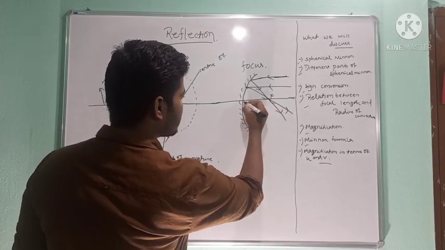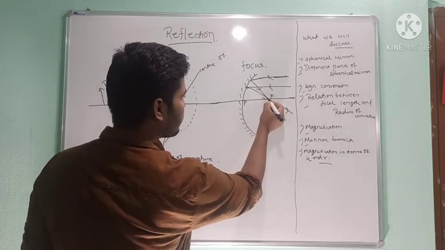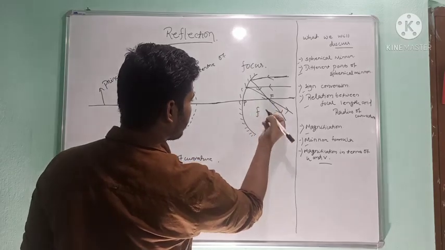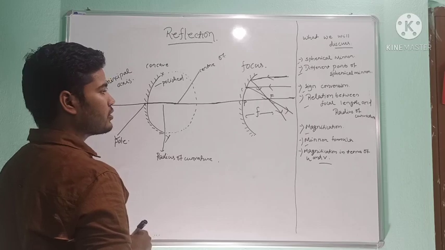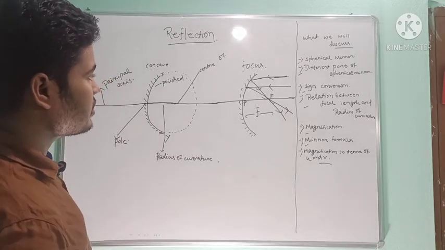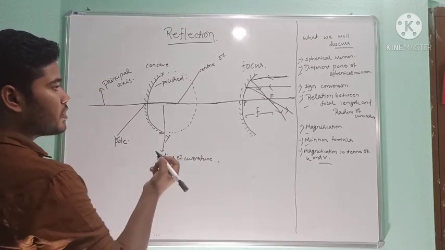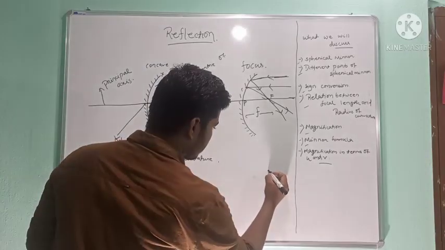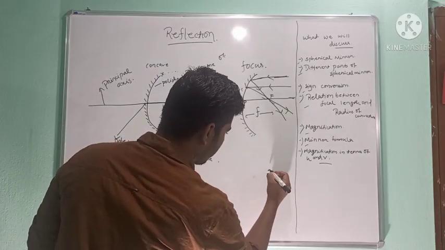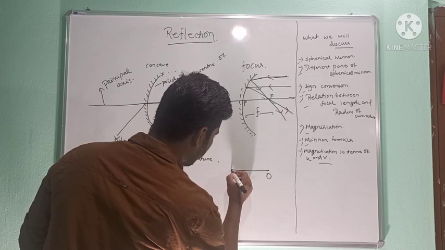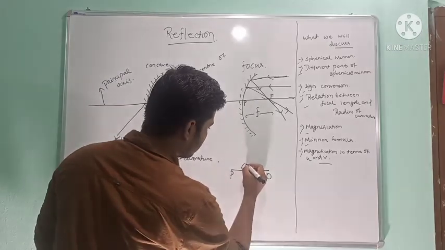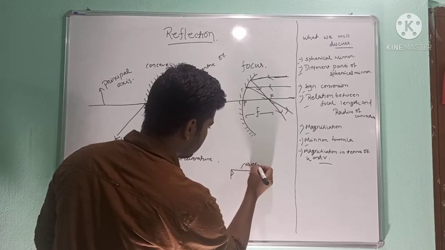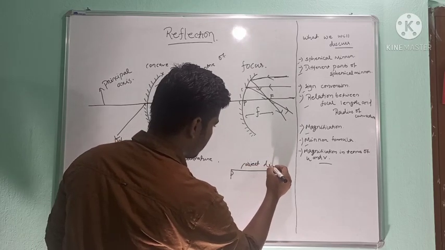The distance from the pole to the focus is called the focal length. This is the focal length. And what is image distance and what is object distance? The distance from the object to the pole of the mirror is called the object distance.